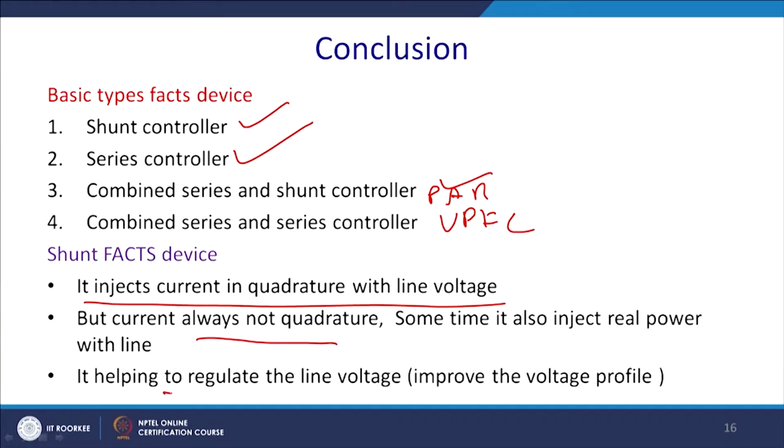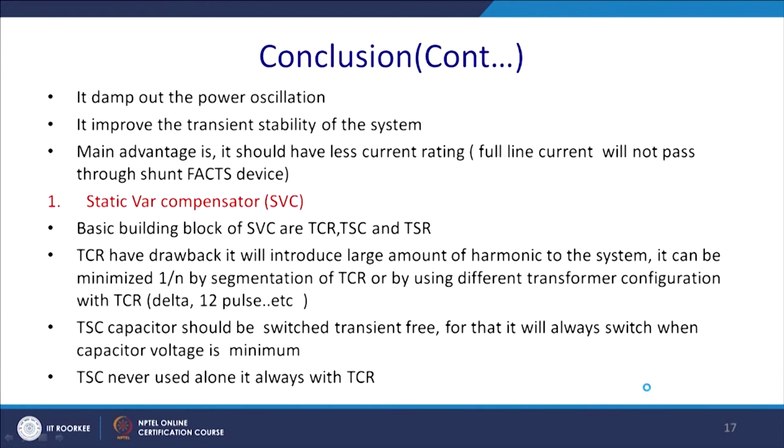It helps to regulate the line voltage and improves the voltage profile. It damps out the power oscillation. We have seen that while discussing the shunt, from the equal area criteria, it increases the stability as well as damps out the oscillation. It improves the transient stability of the system.